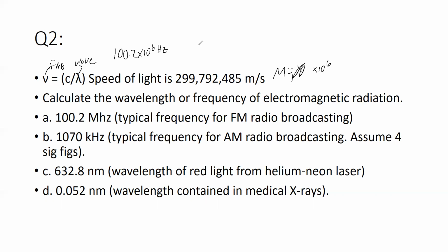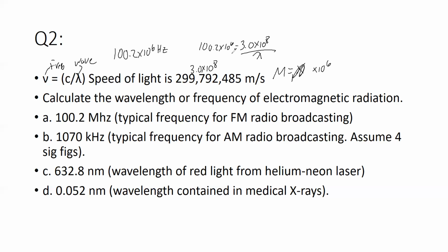So if we look here, our frequency is 100.2 times 10 to the 6 equals our speed of light. You can just do 3.0 times 10 to the 8, makes things easier, divided by our wavelength.